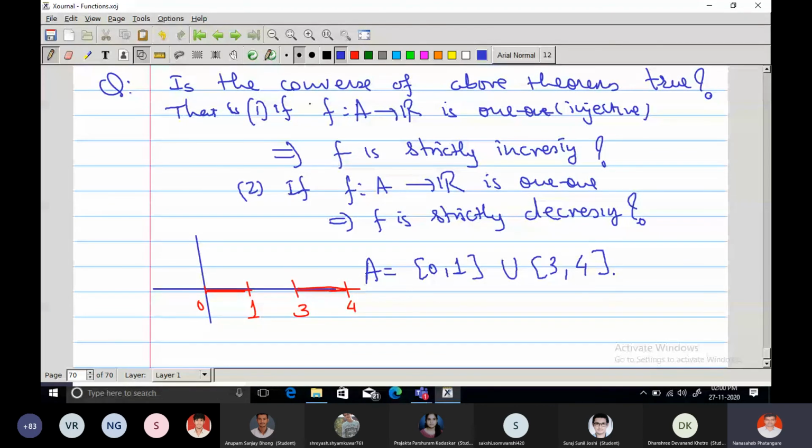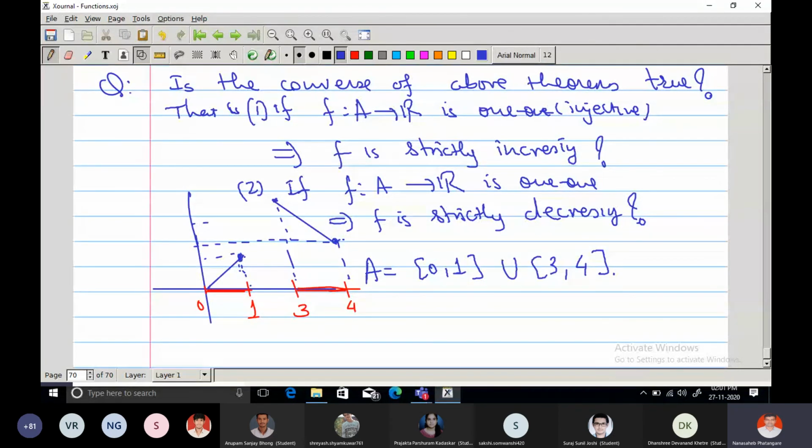For example, I will define a function like this.